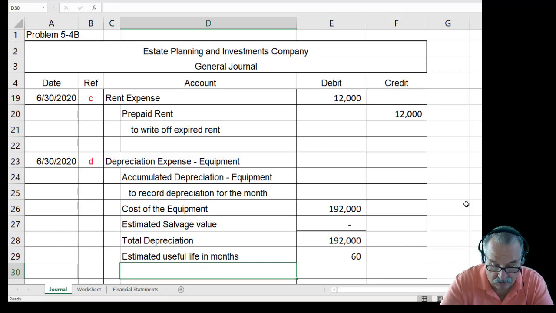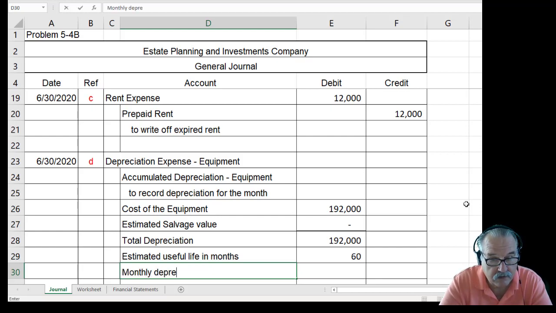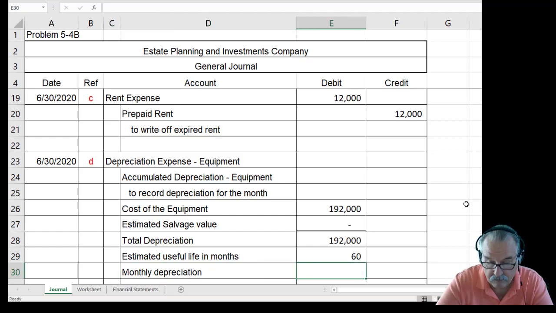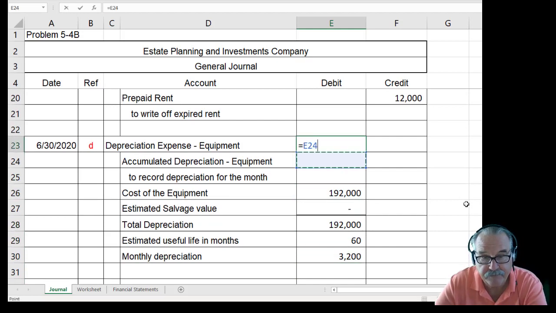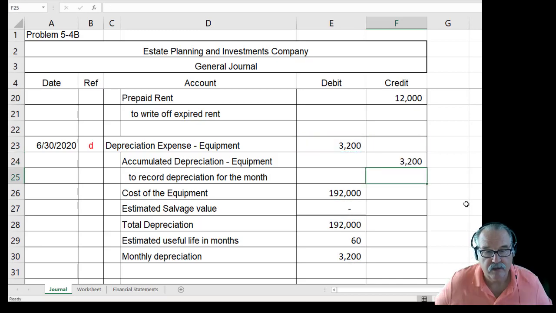So our monthly depreciation is $3,200 on this piece of equipment, debit depreciation expense, and credit accumulated depreciation equipment.